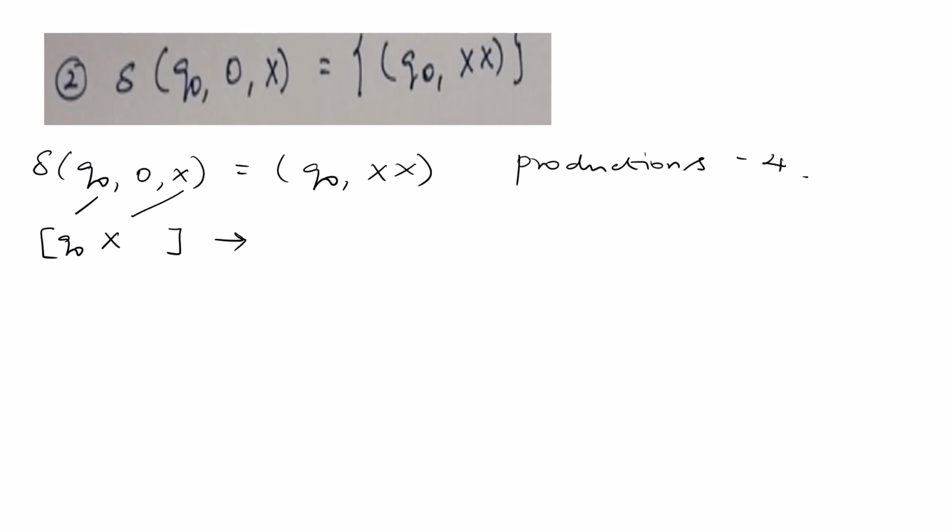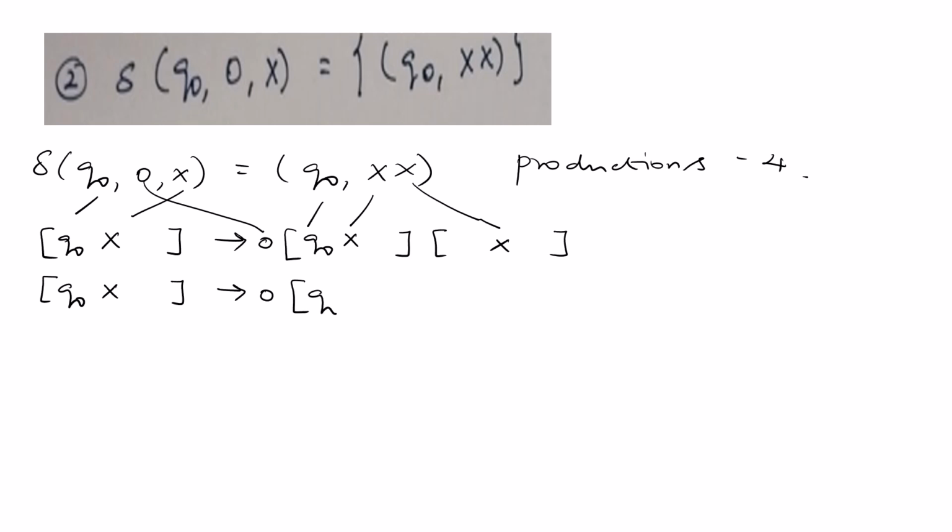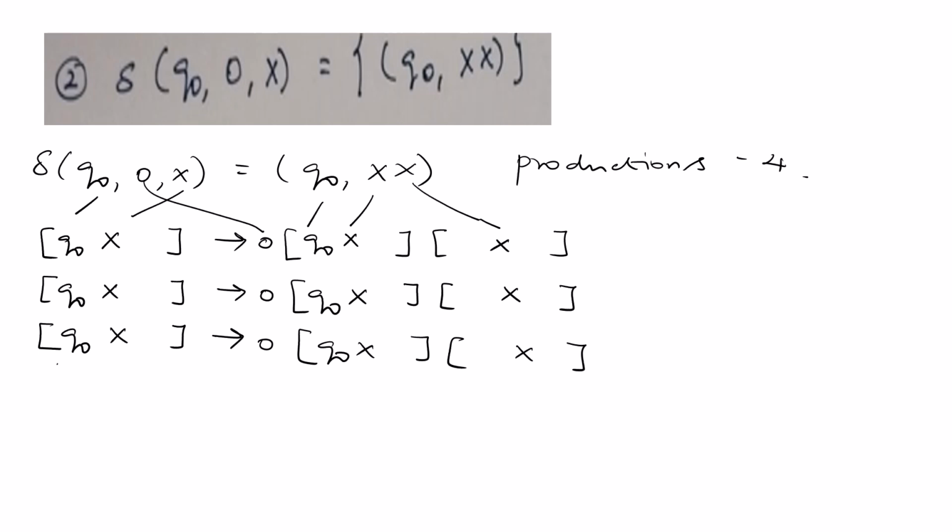Then on the right hand side we want to go with 0, then this Q0, and for this X, and we want to go with one more thing, that is for this particular X. So we are again going to have Q0 X, we are going to have 0, Q0 X, X, the same way Q0 X, 0, Q0 X, X, Q0 X, X, X.